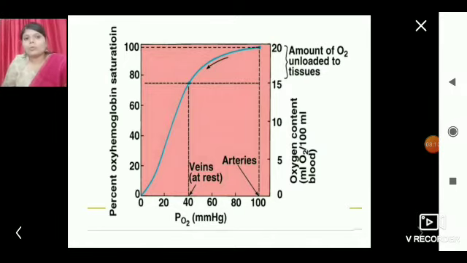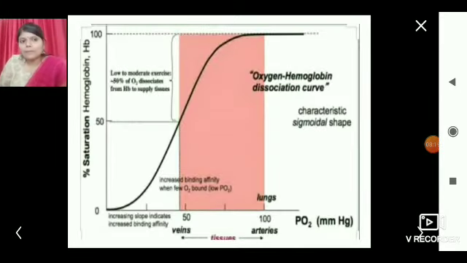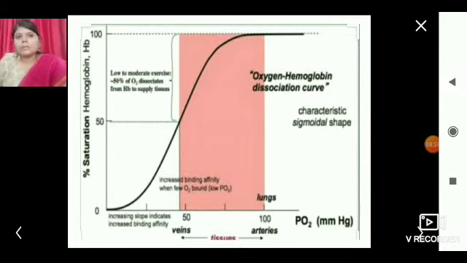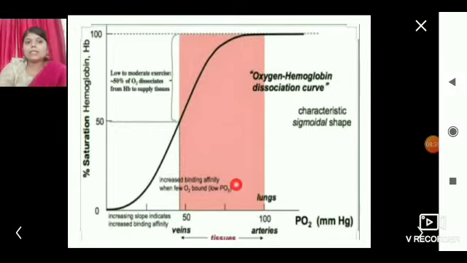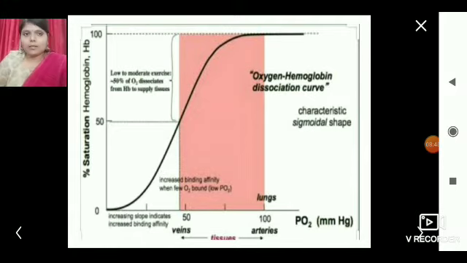Internally, how exactly would we know what these areas are? See, this shows us low to moderate exercise. When the exercise is moderate, 50% of oxygen dissociates from hemoglobin to supply the tissues. So here there is increased binding affinity when few oxygens are bound and the partial pressure of oxygen is low, as in the case of the lungs.